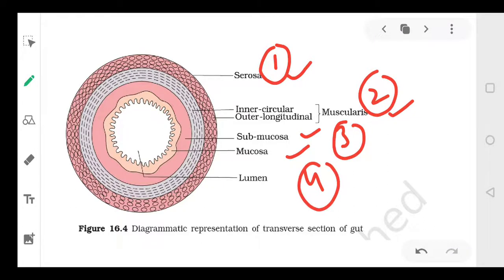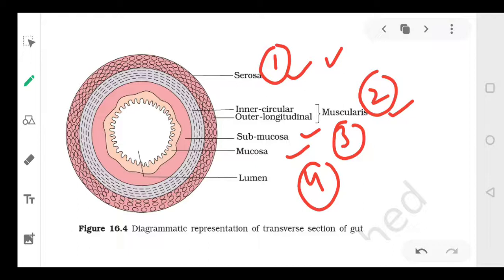So the wall of your alimentary canal is surrounded by 4 layers, and that I've talked about. Now this serosa, which is your outermost layer, is made up of mesothelium, and it contains some amount of connective tissue.